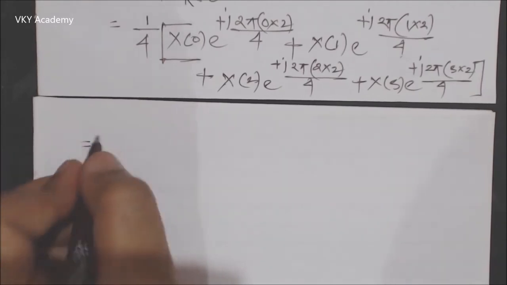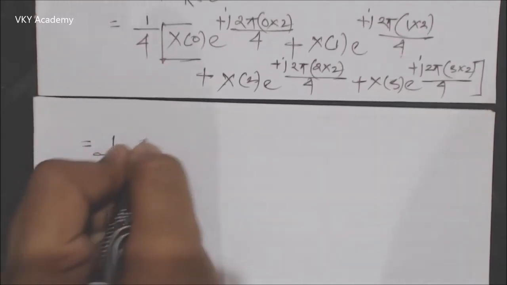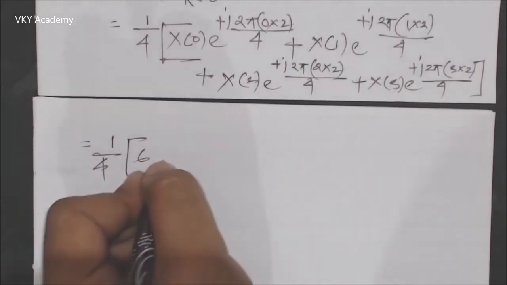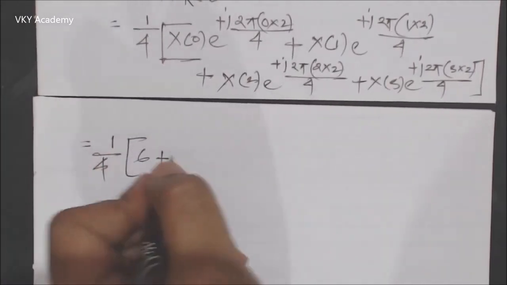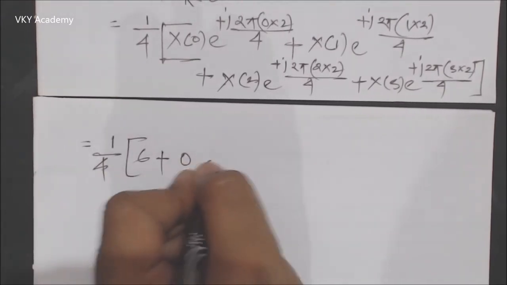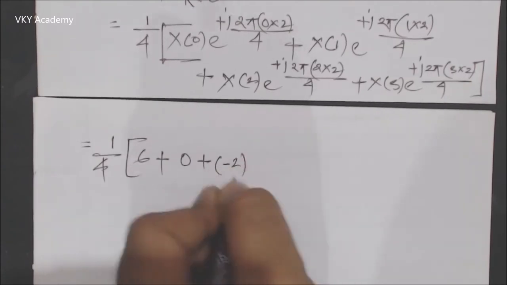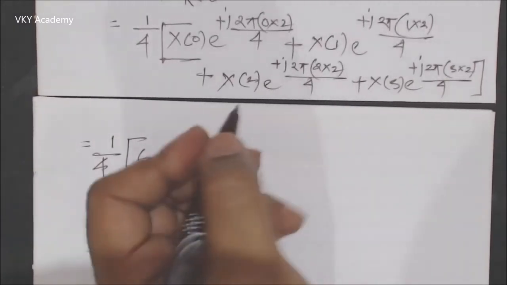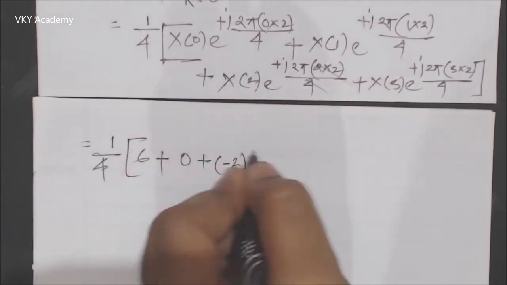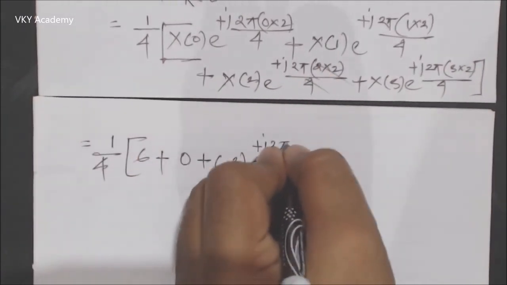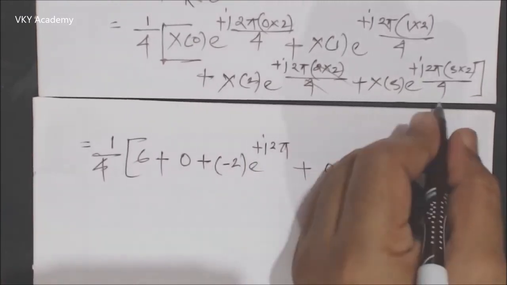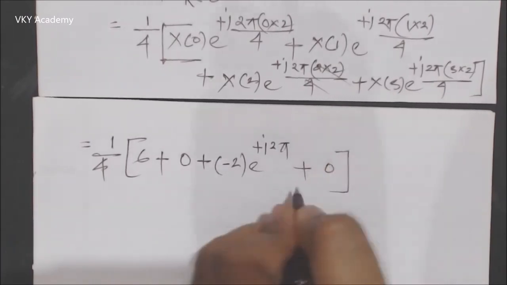which is equal to 1/4. X of 0 is 6, e to the power 0 is equal to 1, plus X of 1 is 0, 0 into e to the power something will be equal to 0, plus minus 2 into e to the power, so this is cancelled out, e to the power plus j 2 pi, and finally X of 3 is equal to 0, so this whole term will be equal to 0.